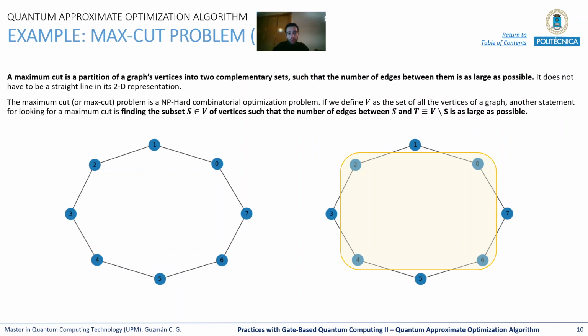Vertices 1, 3, 5, and 7 would be the ones corresponding, for example, to S, and vertices 0, 2, 4, and 6 would correspond to the other set, T. If you imagine it a bit rotated and like a square, you can see that the corners of the square would be, for example, 0, 2, 4, and 6.